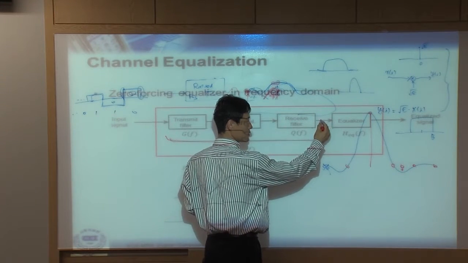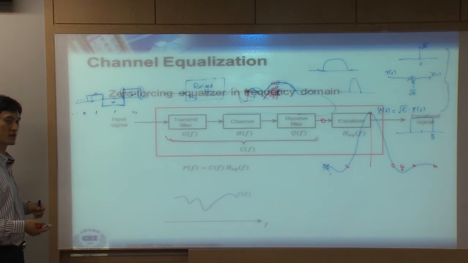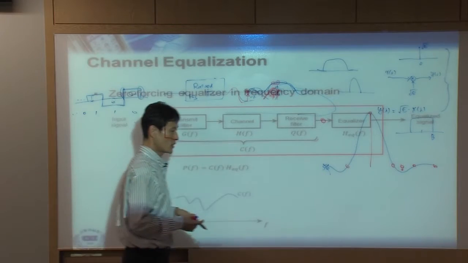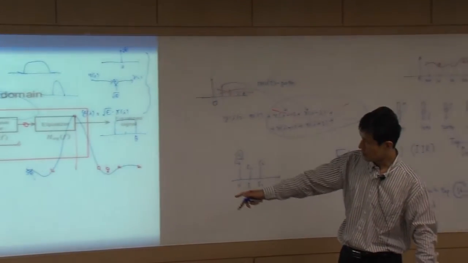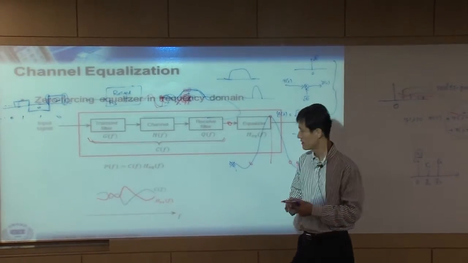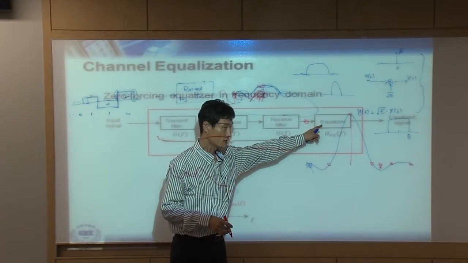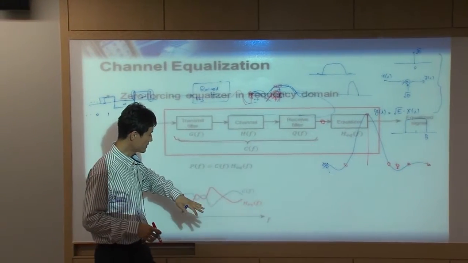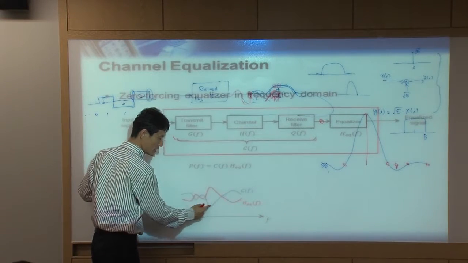So that's here, right? This is the frequency response of the signal. Now what you're trying to do is calculate the inverse equalizer. This is putting the inverse of that. Look at the blue one and red one.